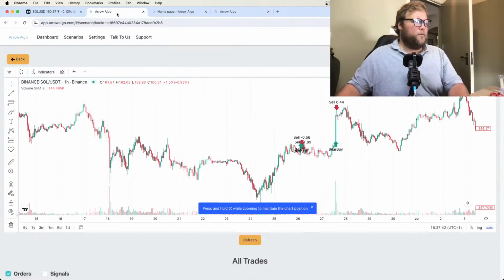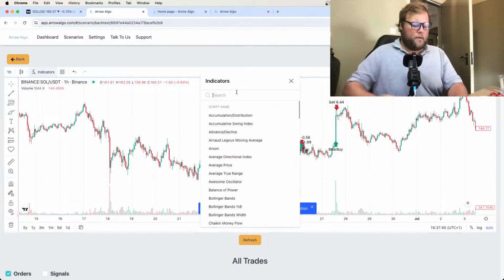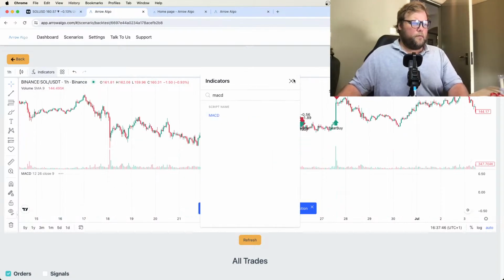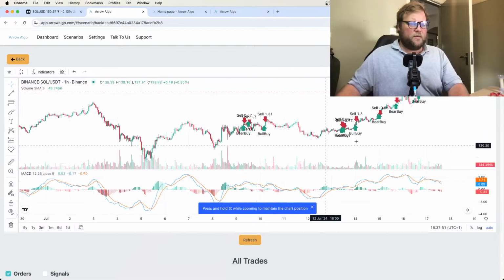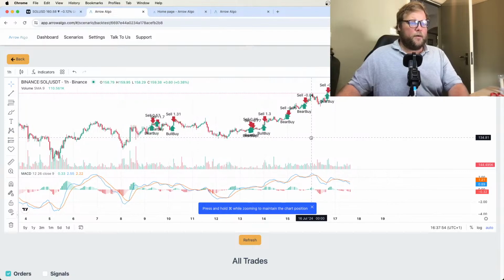And we talked about MACD before. Is the MACD giving us a bearish signal by the MACD being below its signal line?